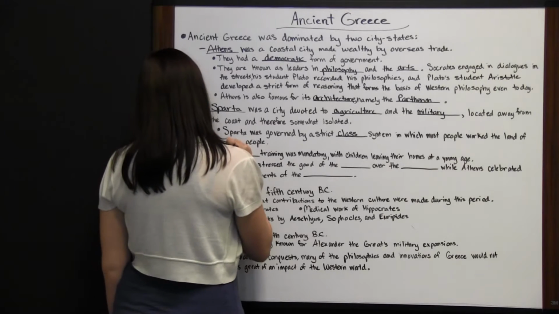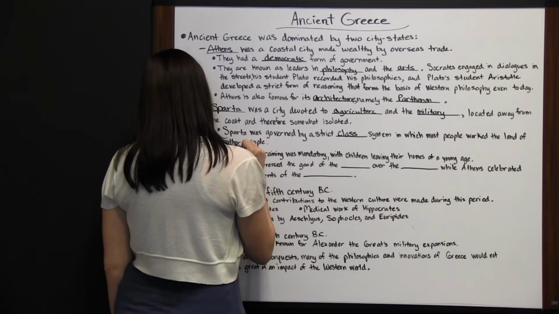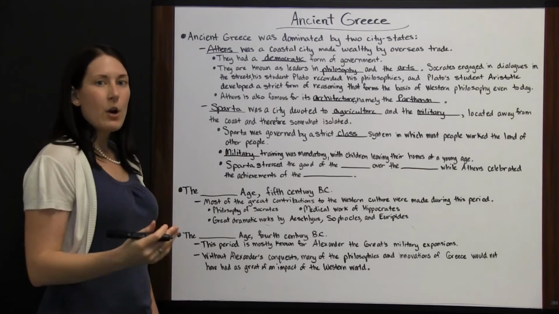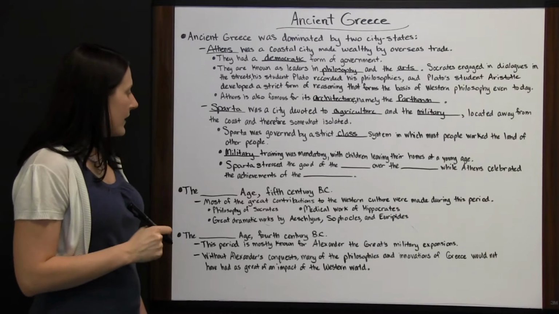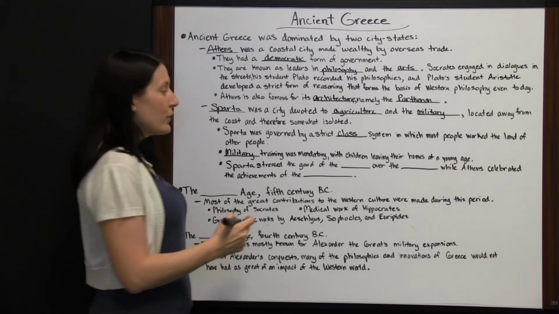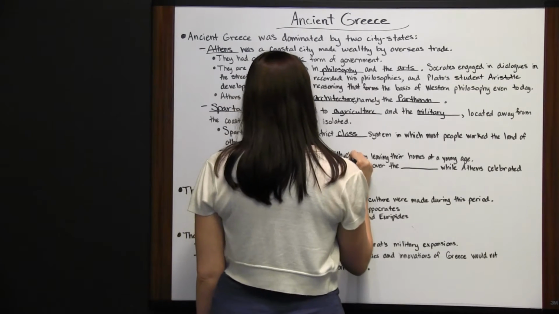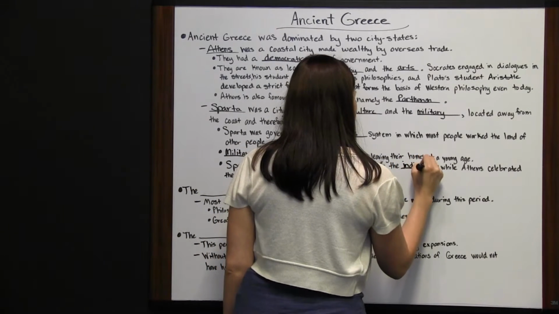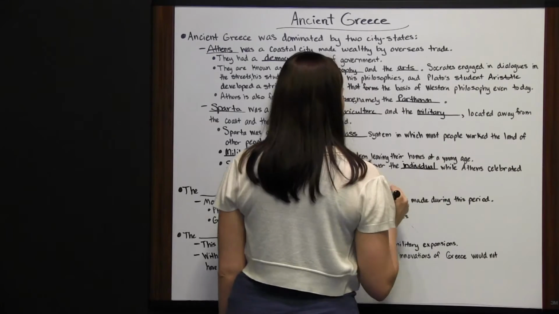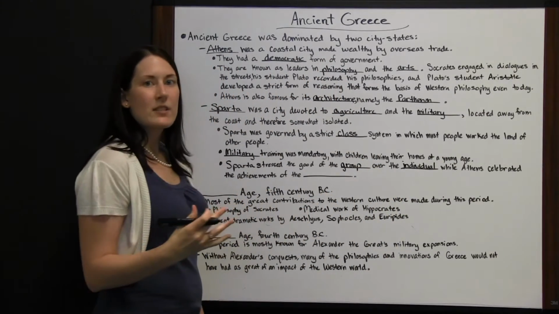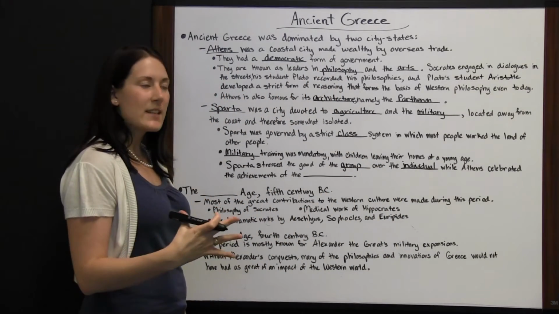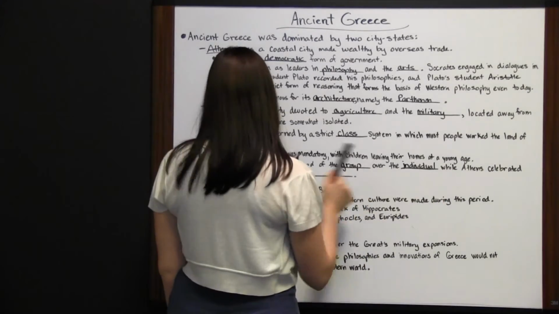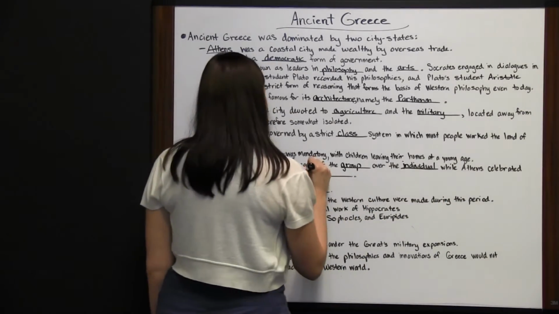Military training was mandatory, with children leaving their homes and families at a very young age to go off and train. Sparta stressed the good of the group over the individual. So they didn't value one person as much as they valued the good or the success of their group, of their culture as a whole, while Athens celebrated the achievements of the individual.